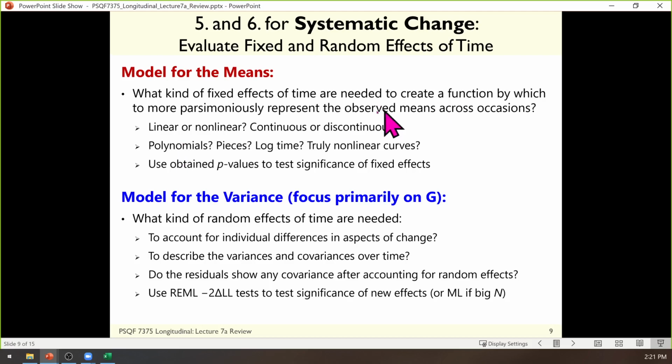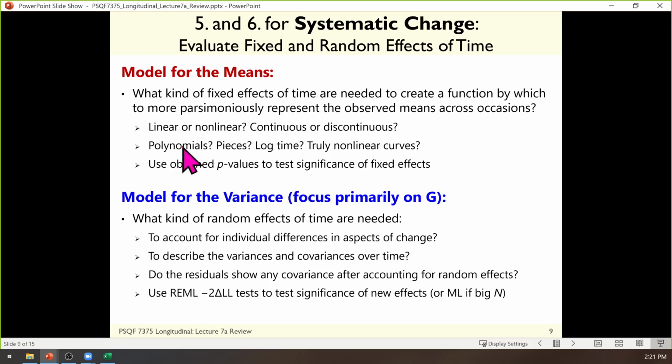There's lots and lots of options. There are continuous models versus discontinuous, with discontinuous being the piecewise models that are good when you have discrete differences in what's happening over time, befores and afters, so to speak. Either of those can have linear or nonlinear change throughout each of the periods.